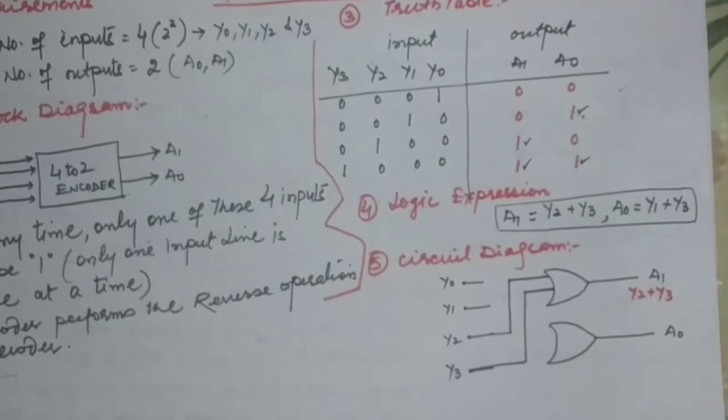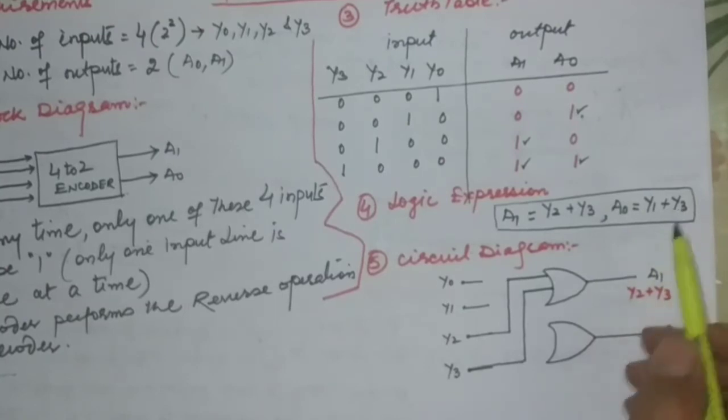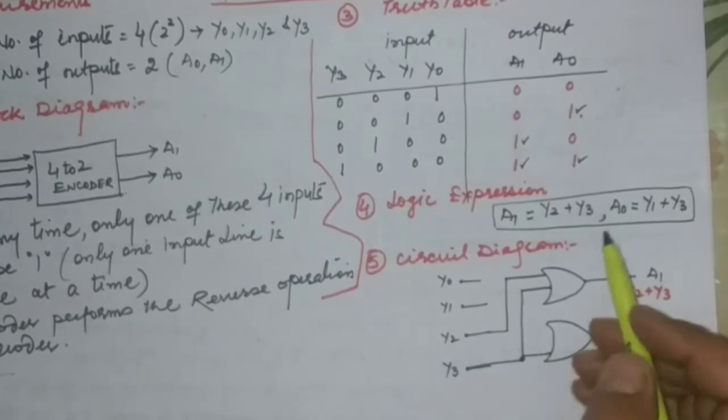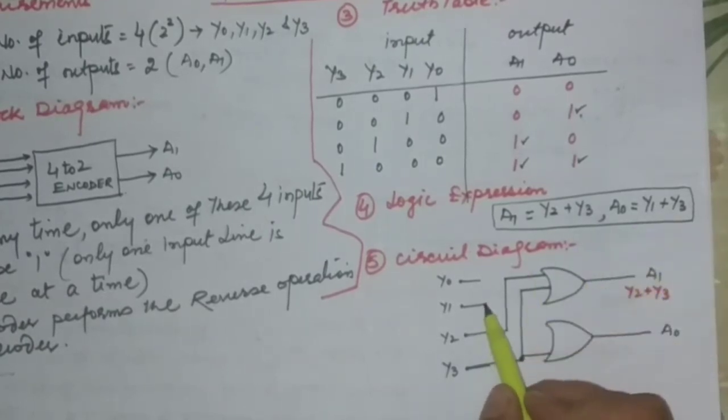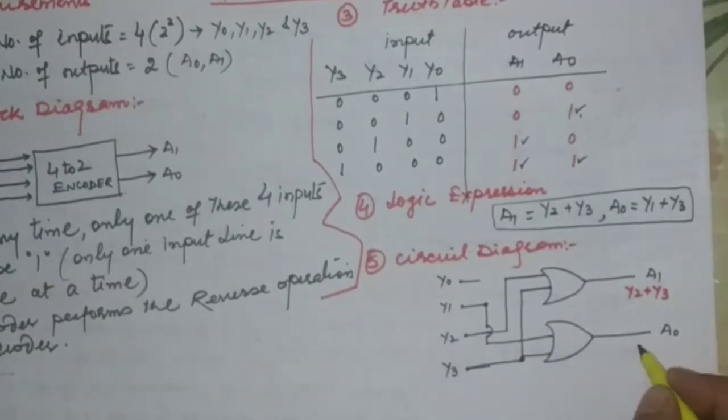Now for A0, the value is y1 plus y3. So y3 is here, we can directly take the line from here, and y1 we have here. So we get A0 as y1 plus y3.